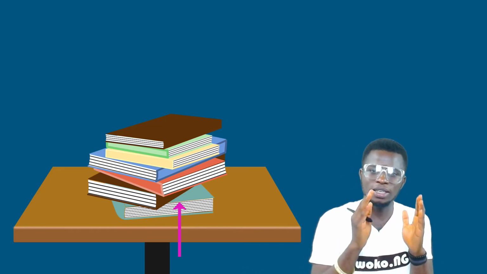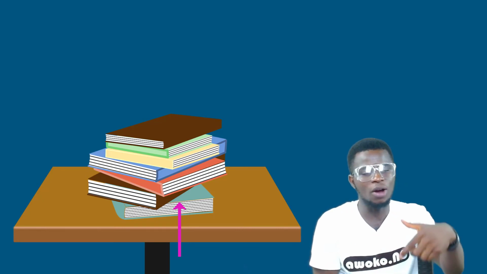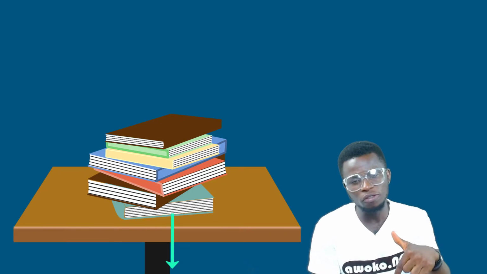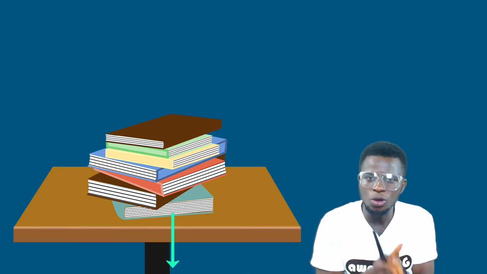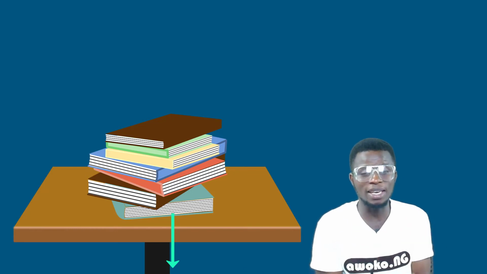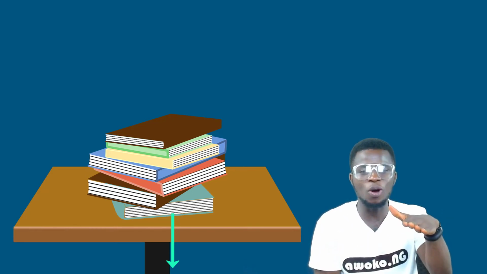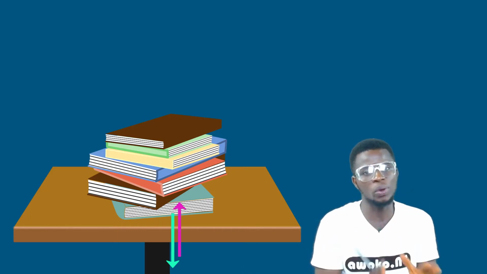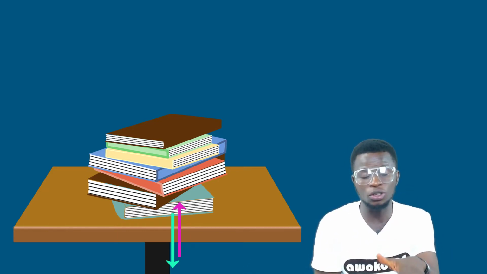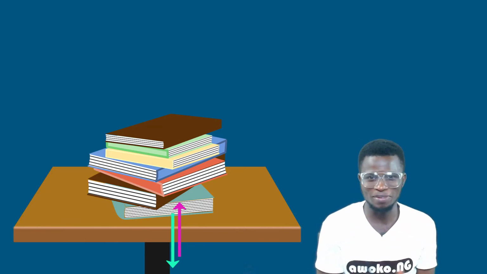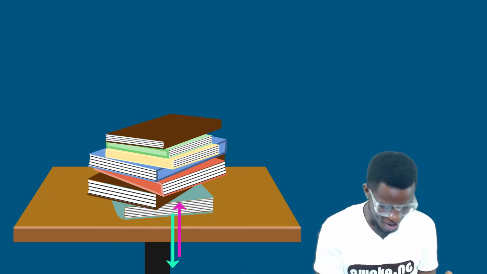So the object is now in return applying a downward force on the surface of the table, which is going to make both the surface of the table and the object placed on it to be at equilibrium. And that is why your book can rest on the surface of the table. Is that understood?